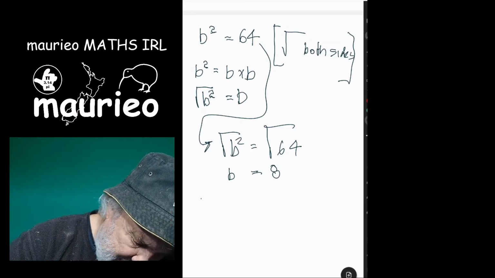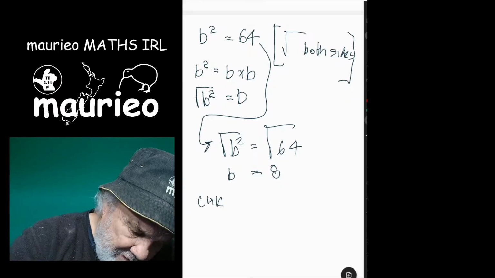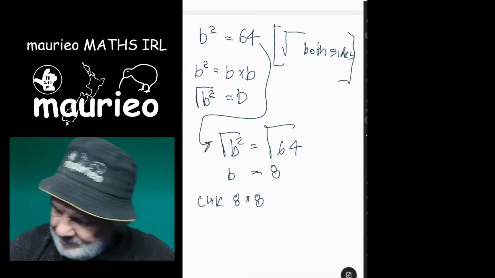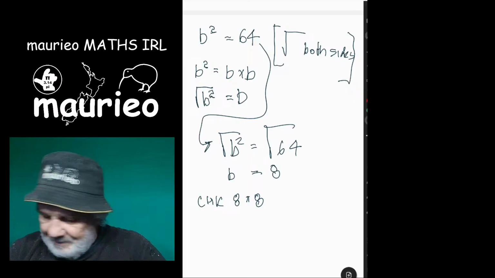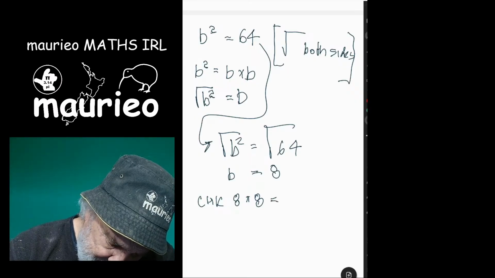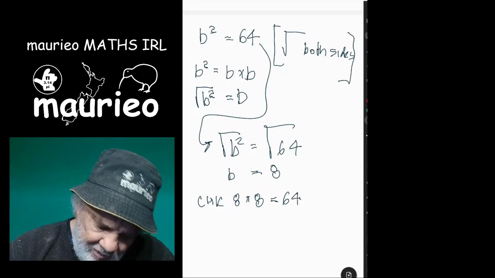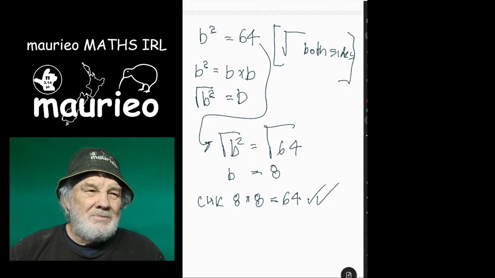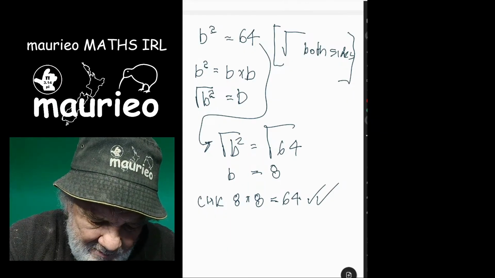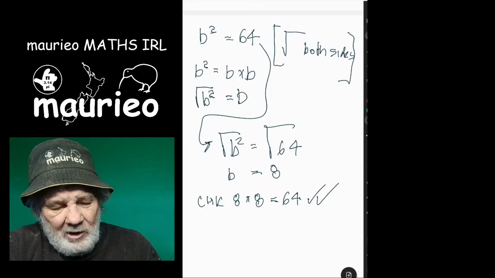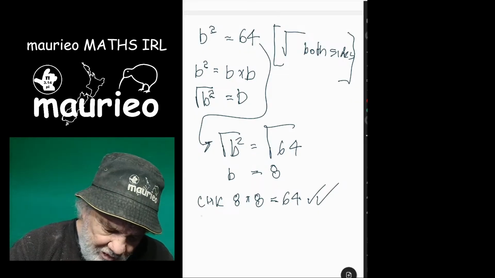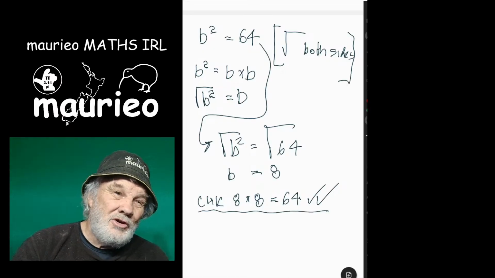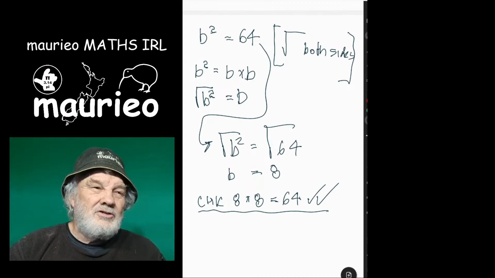If we want to do a check, b squared just means 8 times 8, and 8 times 8 equals 64. So we've got that good check. As I said last night, if we tell people what we do and do the check at the end, we're showing people that we know what to do, and we're proving it.